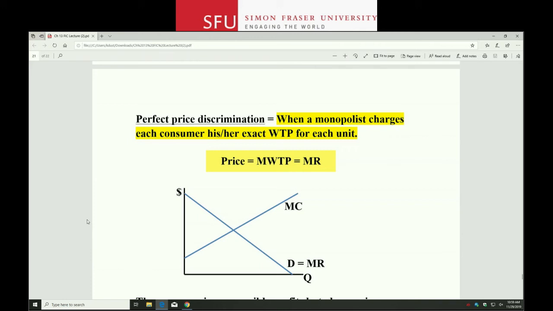And so then they will continue to make the good as long as the marginal revenue covers the cost. So they will continue up to this point. They will produce this quantity here. So that's the efficient quantity, but unfortunately the whole surplus area will be just producer surplus or profit for the monopolist.